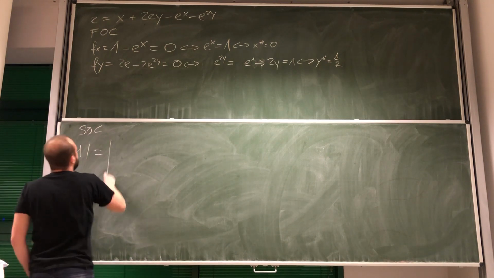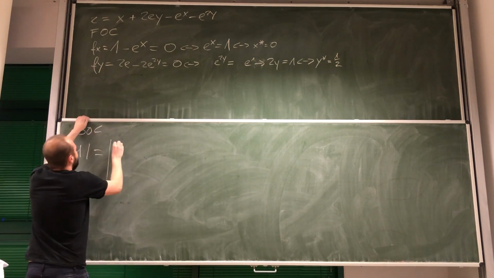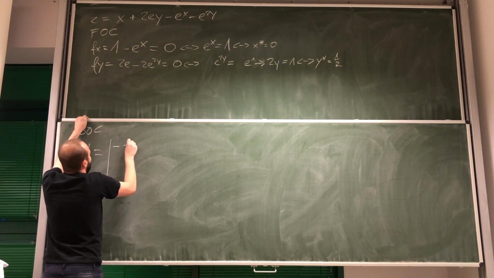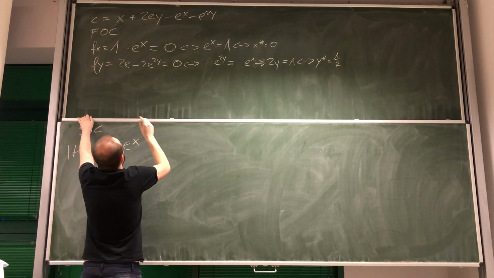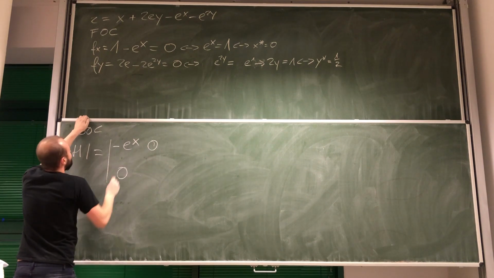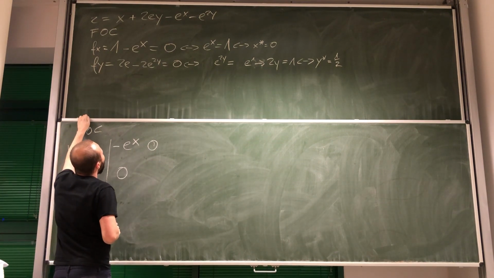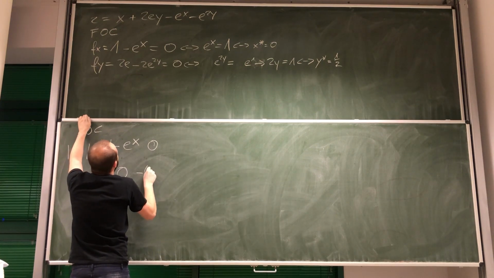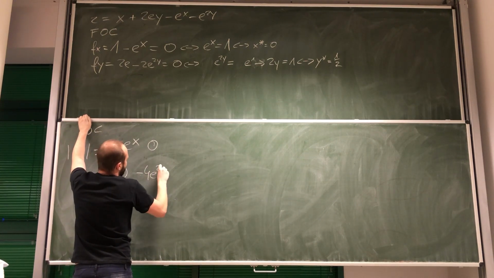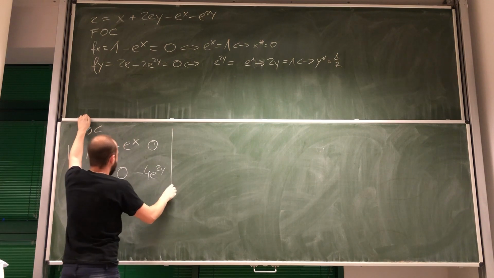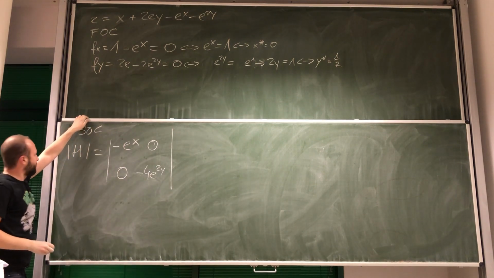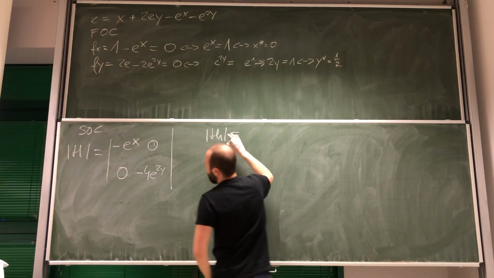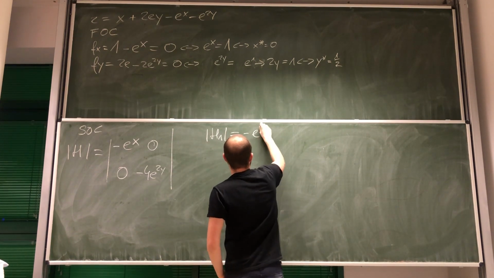Out of the first derivative, I'm getting negative e^x. Then 0, 0 over here, and out of this part, I'm getting negative 4e^(2y). Right? Okay, and look, what is h1? Well, h1 is equal to negative e to the power of x.